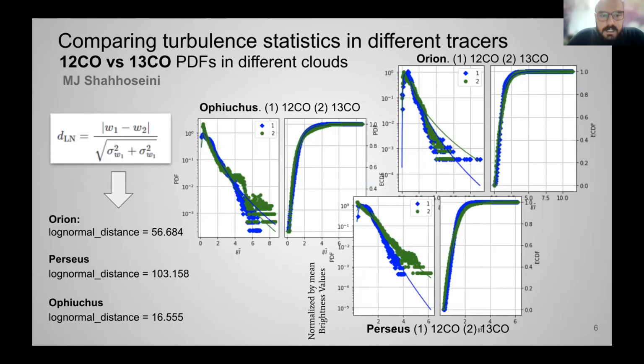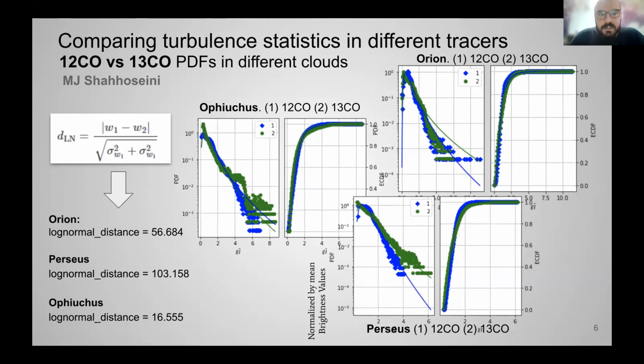Here you can see the PDF profiles for different molecular clouds, and the empirical cumulative distribution function for each of them. It is simply giving us the difference between these two tracers, 12CO and 13CO.